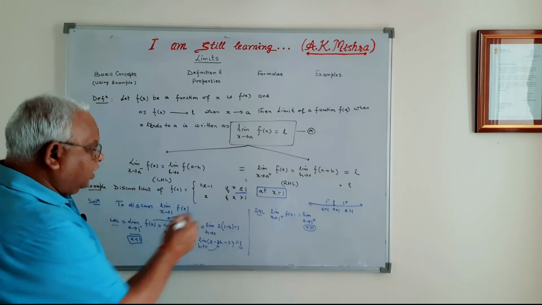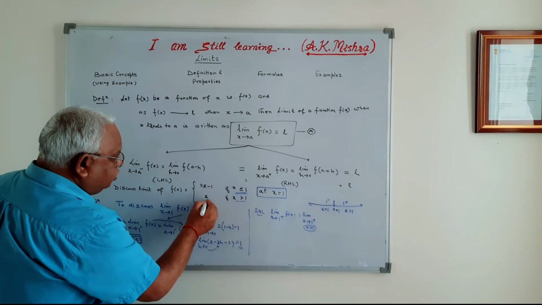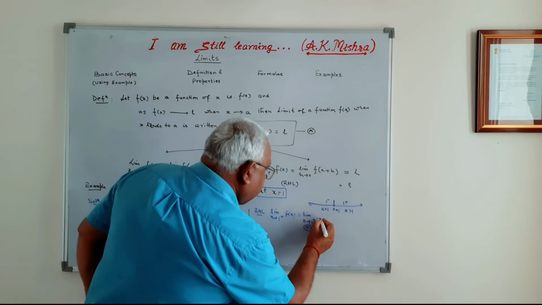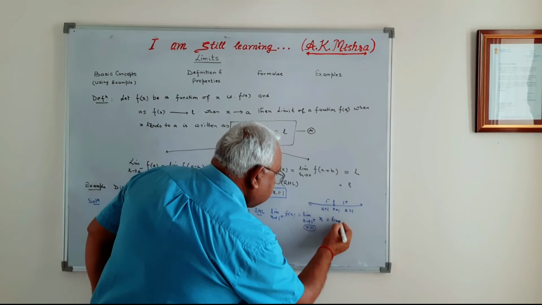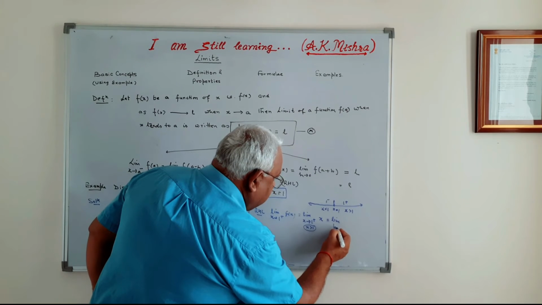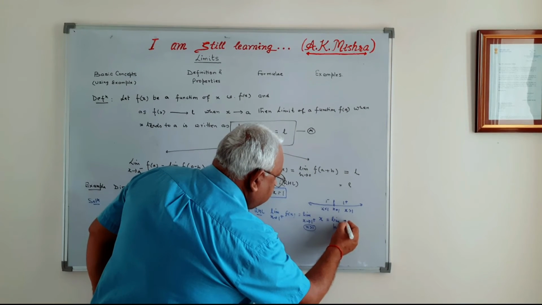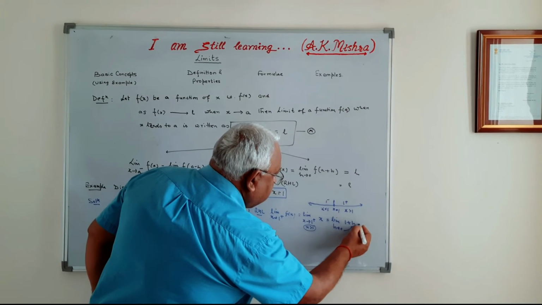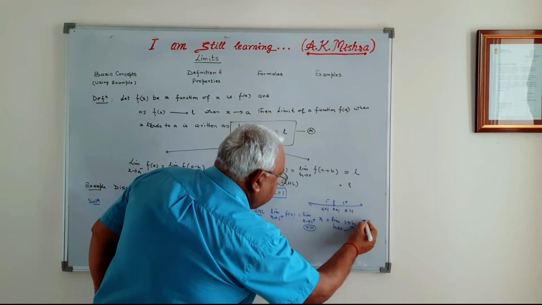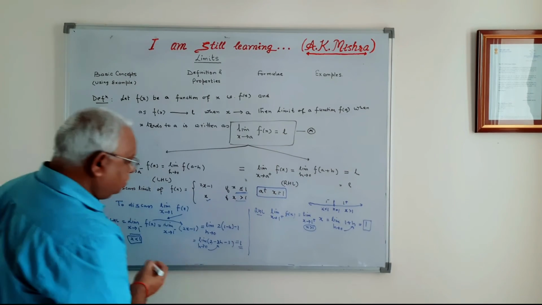So when x is greater than 1, the function is this. So it will become x. And this can be written as limit h tending to 0 of 1 plus h. So when you take h tending to 0, the answer will be 1. So right hand limit is 1.